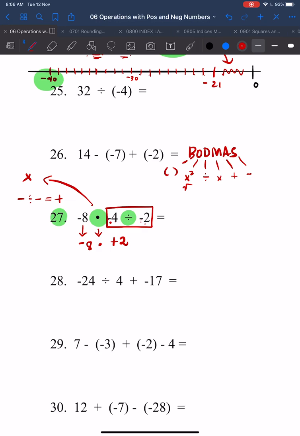We multiply. But look at this. Negative 8 times positive 2. Signs are different, so the answer should be negative. Okay, so 8 times 2 is 16. And the sign positive and negative, negative. So this is the answer, negative 16.